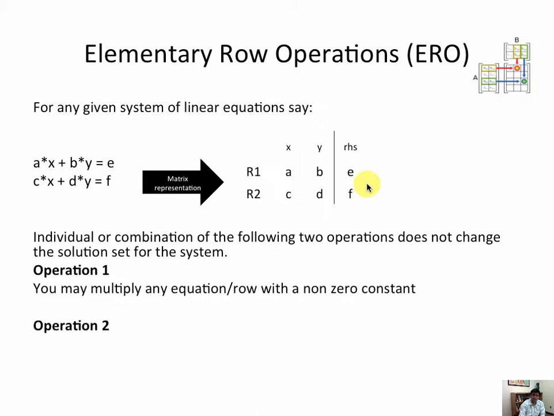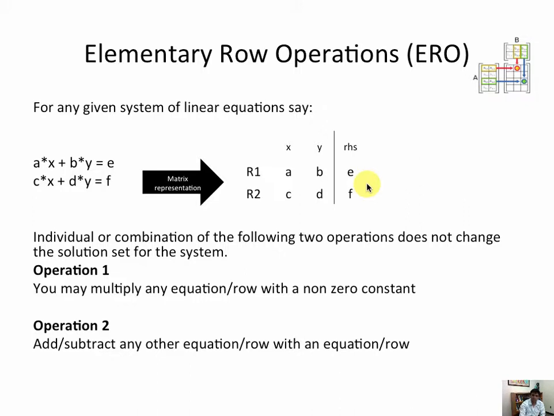And the same thing with operation 2: if you add or subtract any other equation or row to an equation or row, the solution will not change. Let's take a quick look at an example and then we can see what these two operations are.